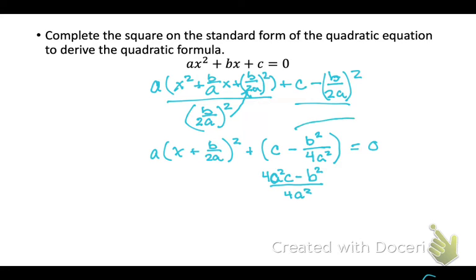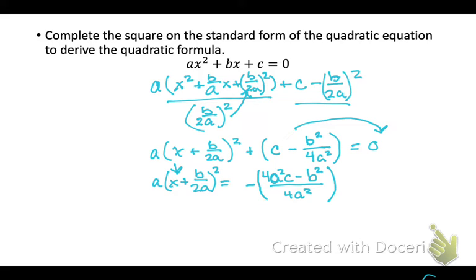Should I subtract this to the other side? Yeah. So we put a negative in front of this whole thing. And so I have A x plus B over 2A squared. We're just moving things around, right? And we got to solve it for x, because that's what we do when we complete the square, don't we?